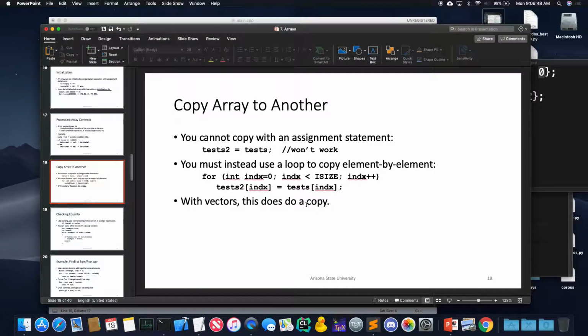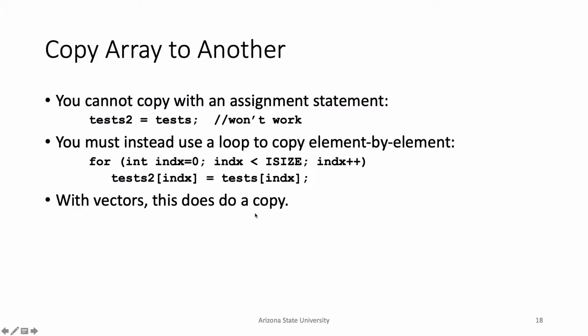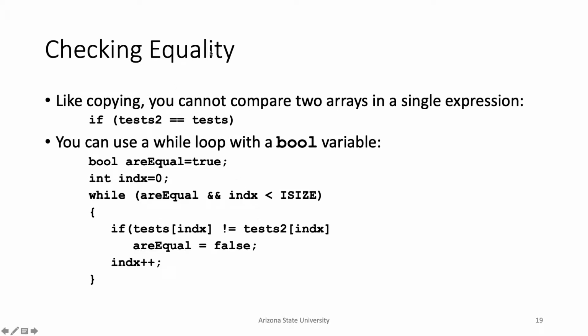Okay. So it says here with vectors, this does a copy. We haven't talked about vectors yet, but they'll save our souls. Okay. So suppose that instead of just copying the values over, maybe we have some secret password, which is that the user has to enter a sequence of numbers in some order. So maybe we can think of that as a password.